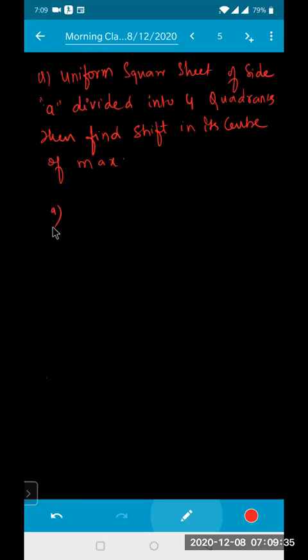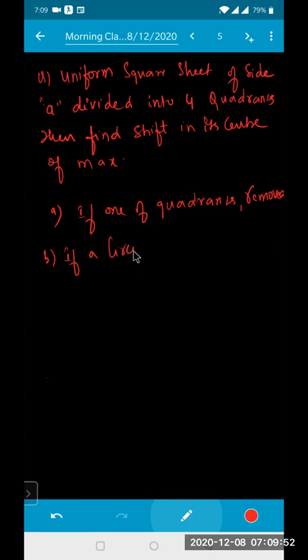Number A, if one of the quadrants is removed. Number B, if a circular portion of maximum diameter is removed from the quadrant.